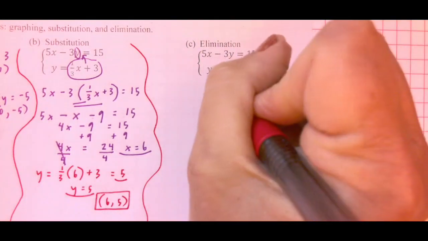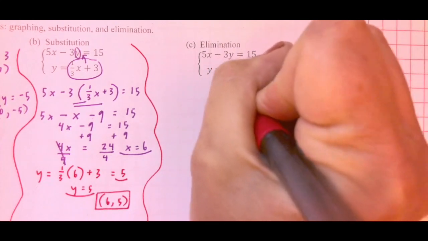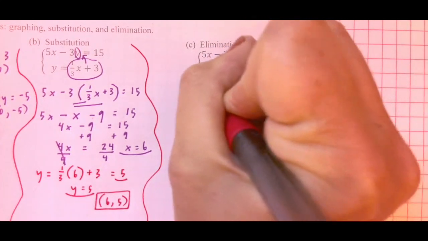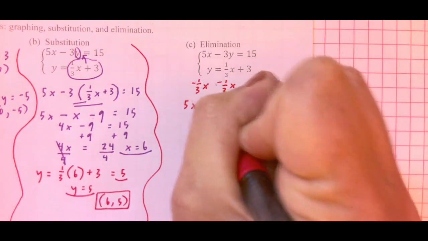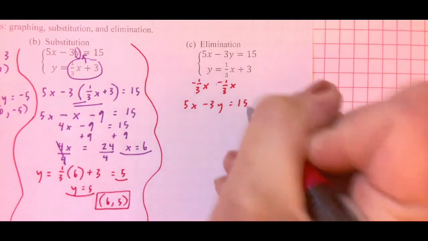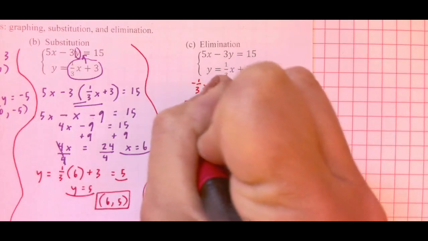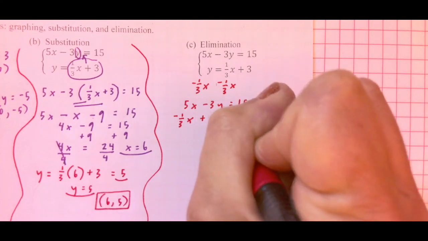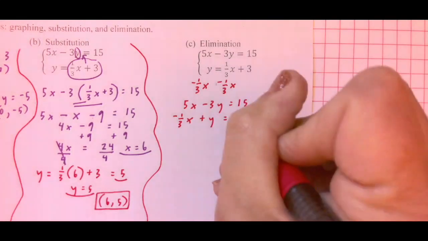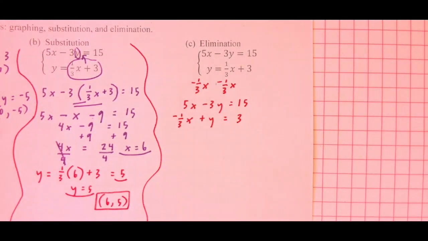I'm going to subtract that 1/3 of x to the other side. So right now I have 5x minus 3y equals 15 on top. And on bottom, I have -1/3 of x plus y equals 3. So they're stacked with the x's, the y's, the constant.